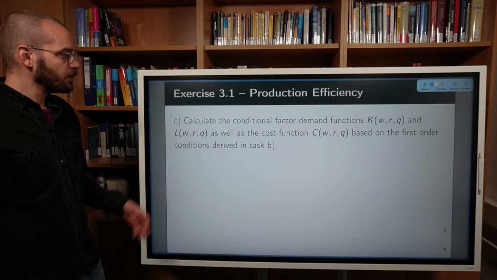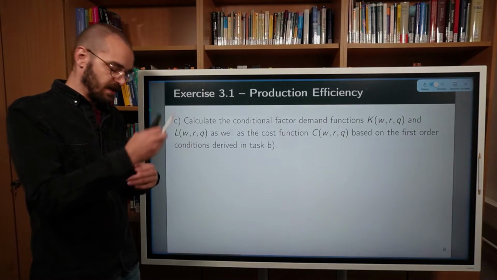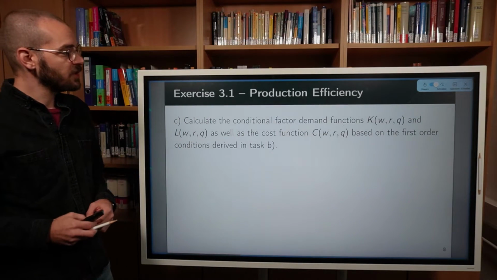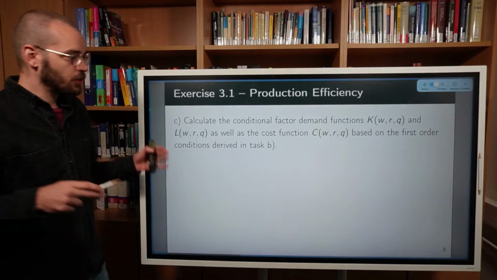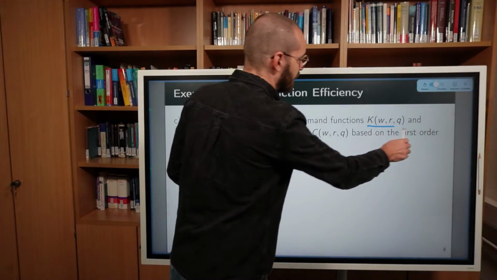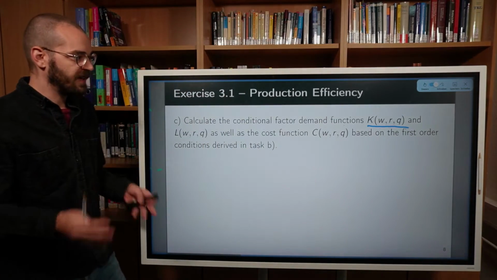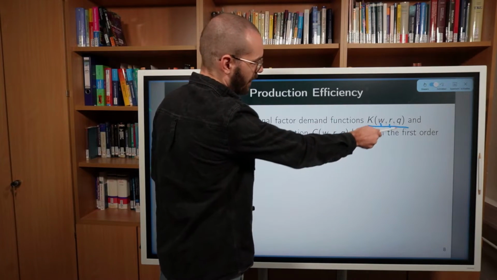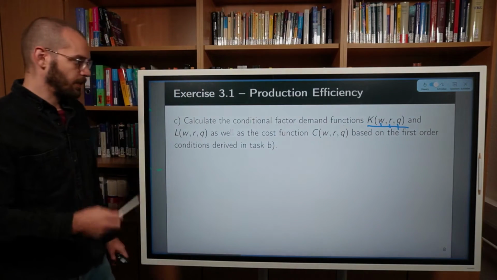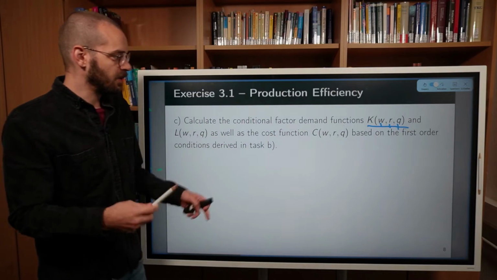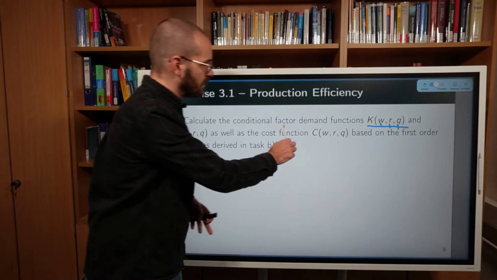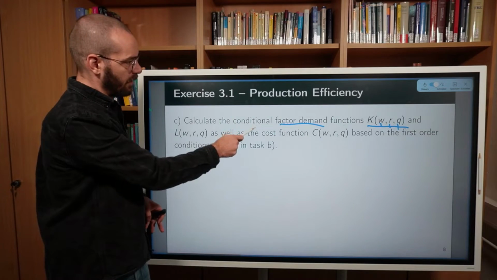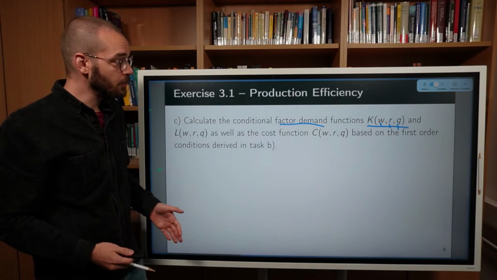Now in part C, based on these first order conditions, we are asked to calculate the conditional factor demand functions, which we define to be k, or factor demand for capital, as a function of the price of labor, the price of capital, and the quantity we want to produce. This is why we call it the conditional factor demand function. So factor demand for factor capital conditional on the quantity Q we want to produce.